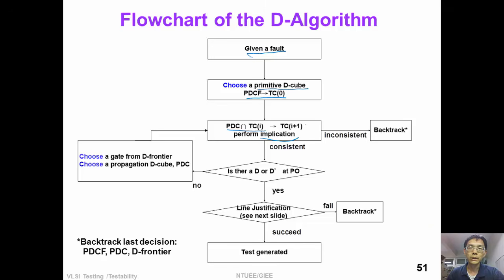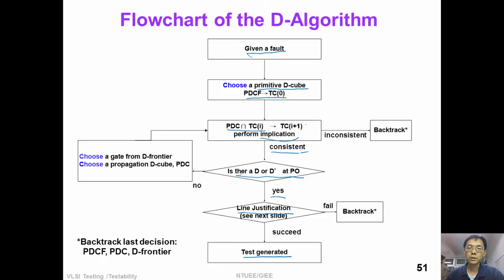If the implication has no conflict, that means everything is consistent, then we check if there is any D or D prime that reaches the primary output. If so, then we can move on to line justification. If we succeed, then the test is generated.